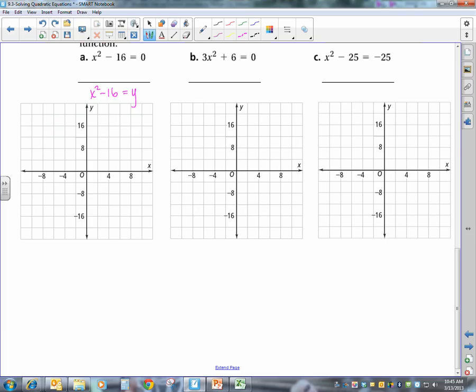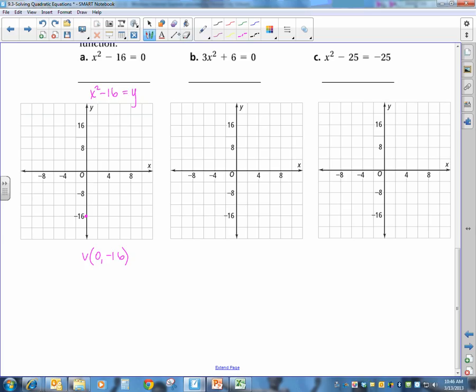And we talked about this in a previous section. It was actually the first section that we did, and what we knew was that when it looks like this and we don't have a b term, our vertex was at 0, -16. So we plot the point 0, -16.